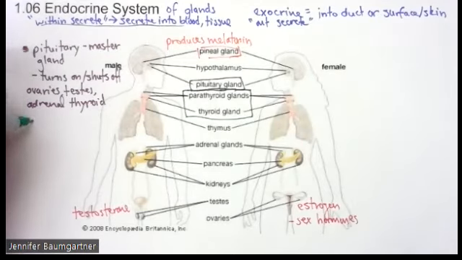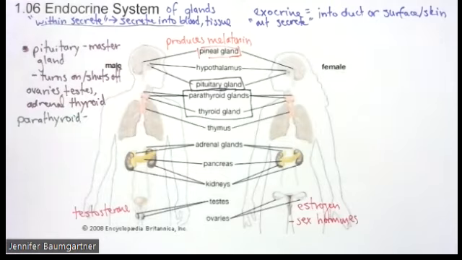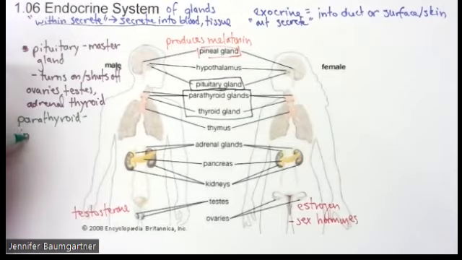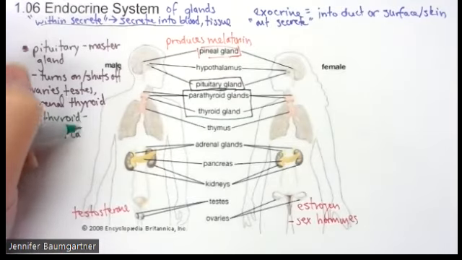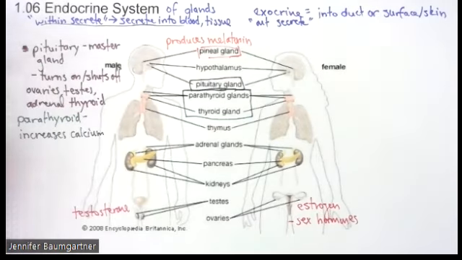So the parathyroid will increase the calcium level. And the thyroid will lower the calcium level.